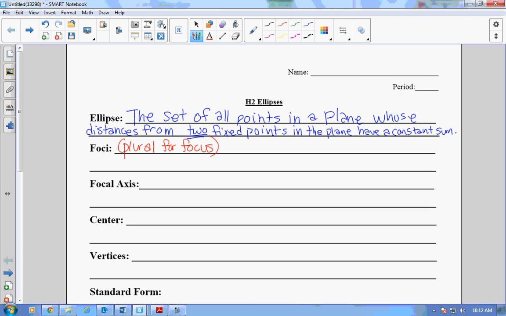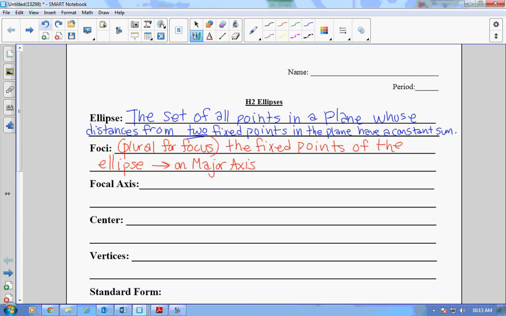Foci are the fixed points of the ellipse, and they're located on the major axis, which we'll be defining in a few minutes.